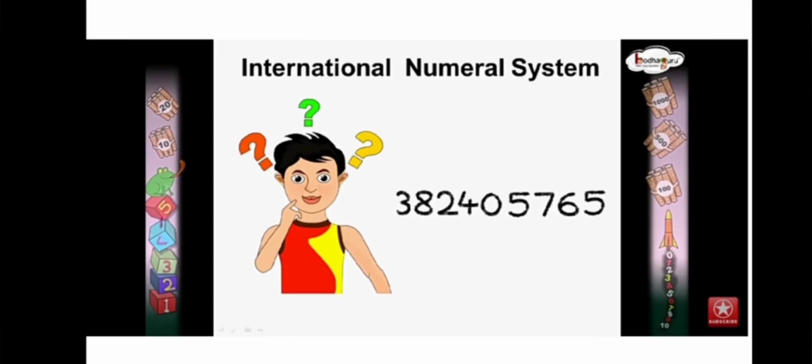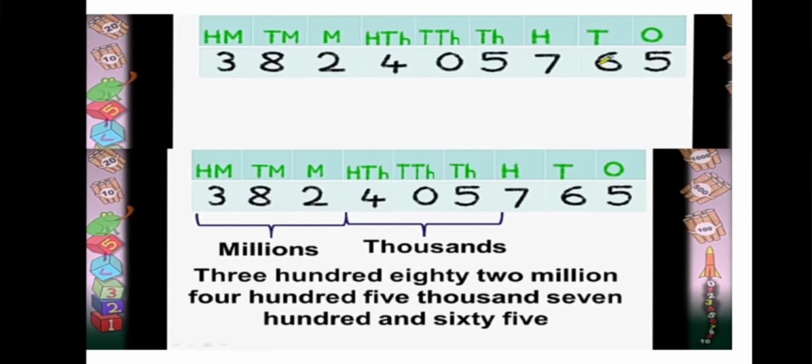Okay students, now here we will take a large number: 3, 8, 2, 4, 0, 5, 7, 6, 5. How will we read it? Here you can see we write all the numbers with their places: ones, tens, hundreds, thousand, 10,000, 100,000, million, 10 million, 100 million.